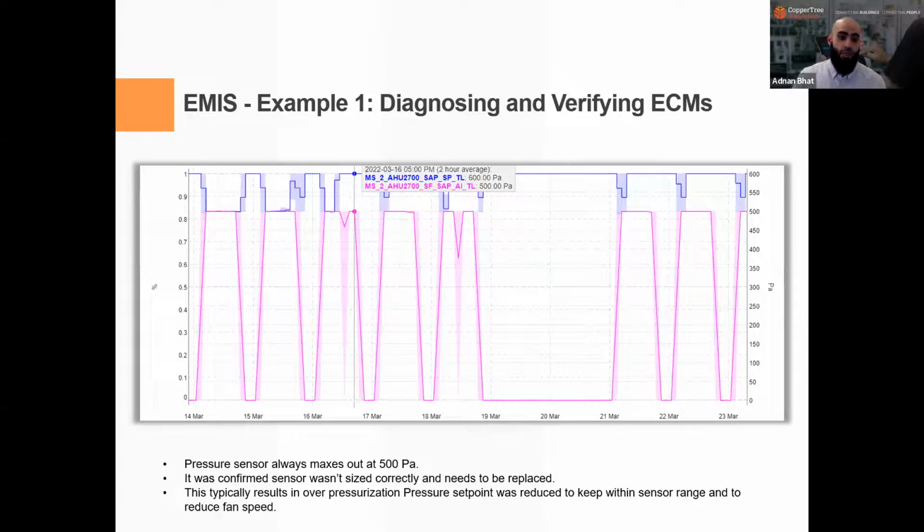As next steps, it was recommended that the pressure set point be reduced to keep within the sensor range until the sensor is swapped out for one that has a larger range. And this also helps with reducing the fan speed. So energy savings were achieved, as well as COVID-related regulations in maintaining a certain threshold of ventilation.